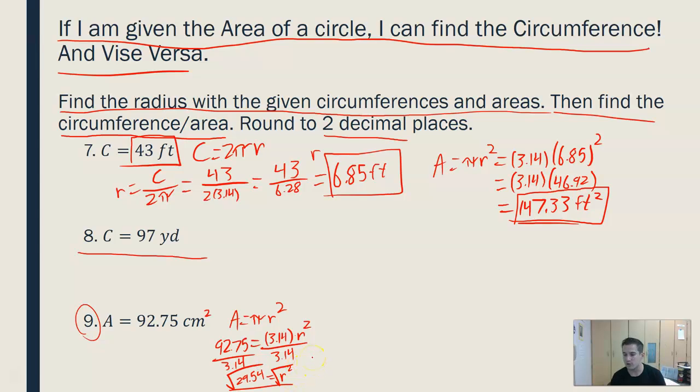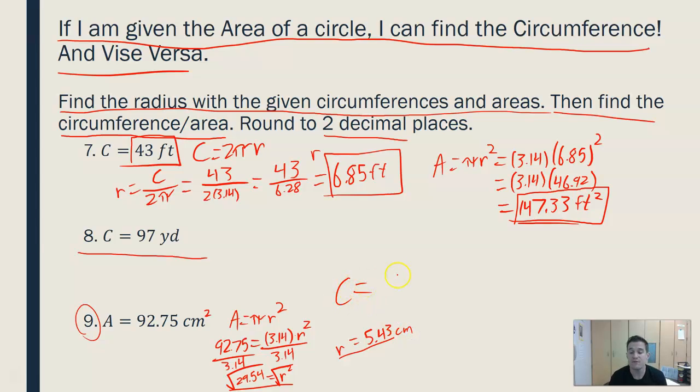If I have r squared equals 29.54, I better square root both sides. We did this earlier in this trimester when we were talking about solving by the square root method. The square root of 29.54 is either 5.43 or negative 5.43, but it doesn't make sense to have a negative radius. So the radius of my circle is 5.43 centimeters.